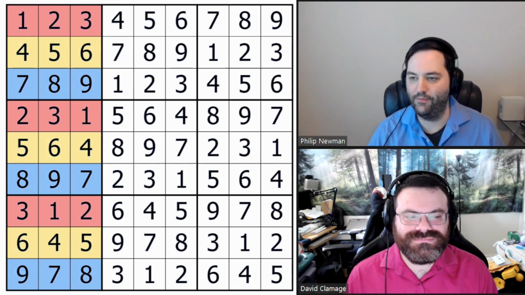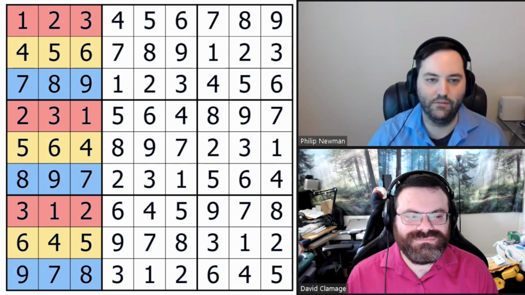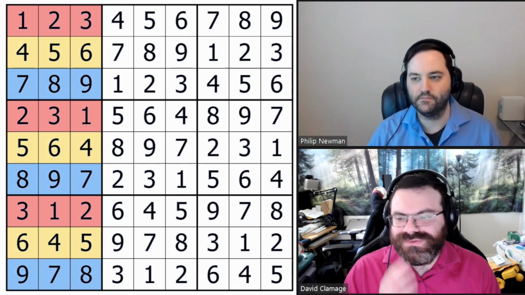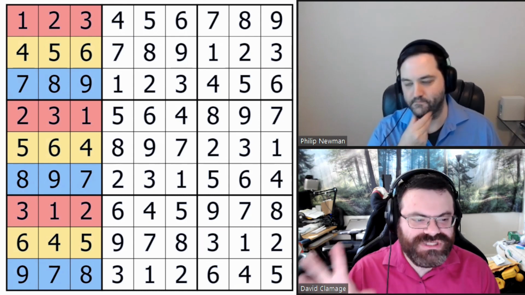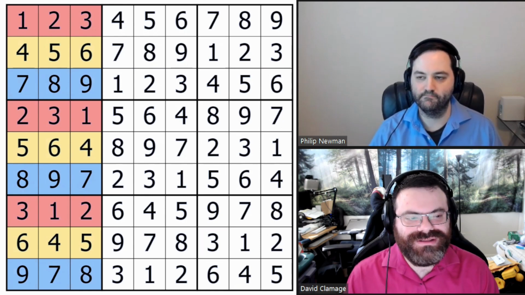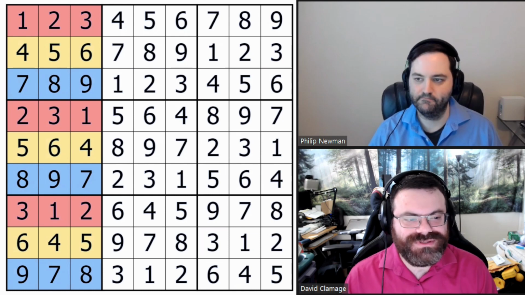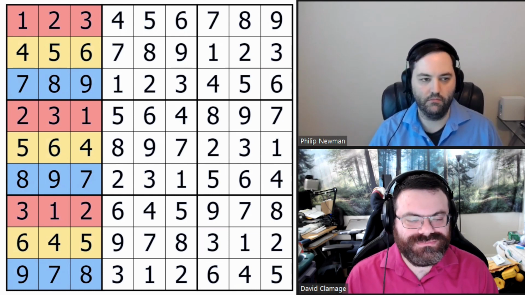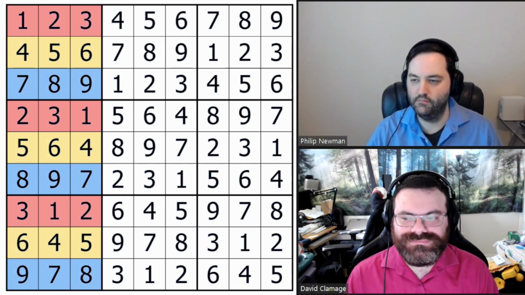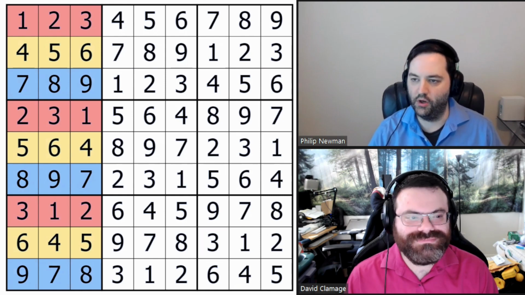So just because I have the unavoidable sets covered doesn't mean everything's fixed. Right. So just because we've resolved each of those individual unavoidable sets does not mean that we have a unique solution, but it's a requirement for a minimum number of givens. Right. Yeah. So that's the very, very simple light proof that you need 18 for the most canonical.